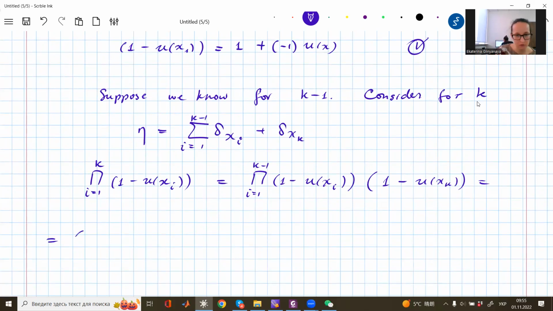Using the step of induction, I write 1 plus summation from n equal to 1 to k minus 1 of the factorial integral, written using what we considered before: summation with non-equal indices, and they are not equal to k, because we consider here just k minus 1.